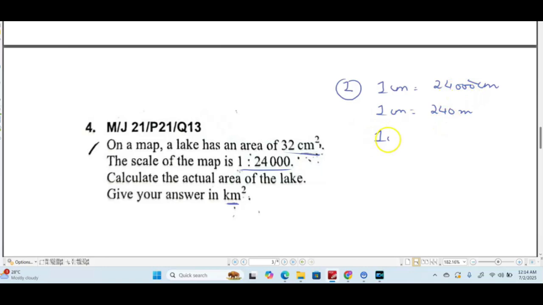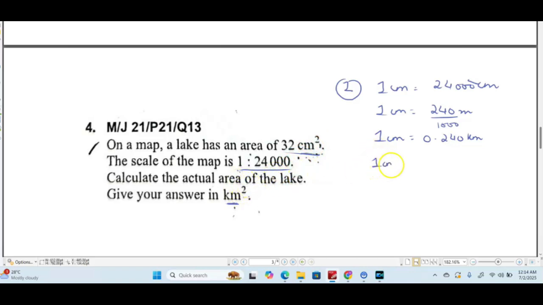Okay? And then in order to establish a relationship between centimeters and kilometers on the map and scale, this is going to be 0.240 kilometers. You've got to divide this by 1000. We've done this many times, but the map is actually in centimeter squares and the answer has to be in kilometer squares.